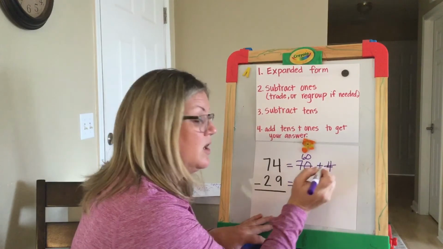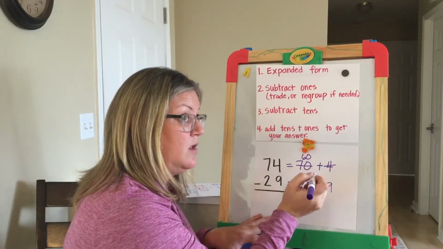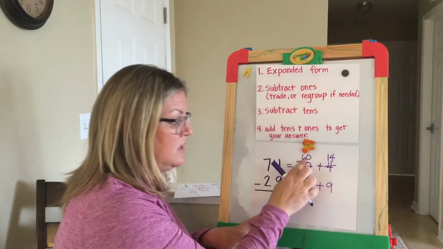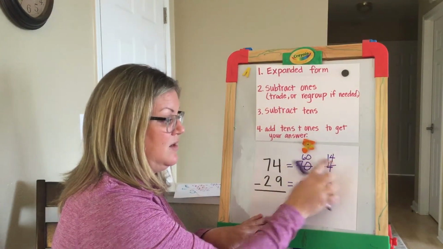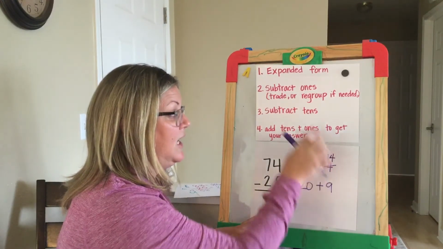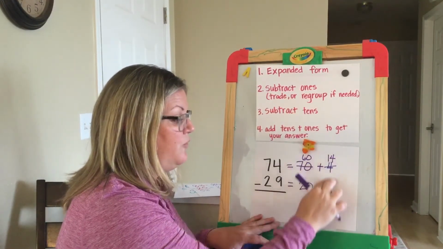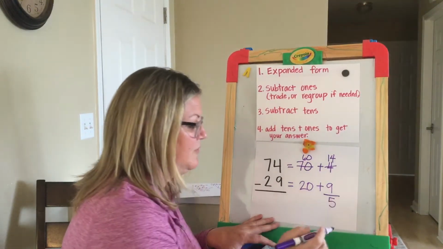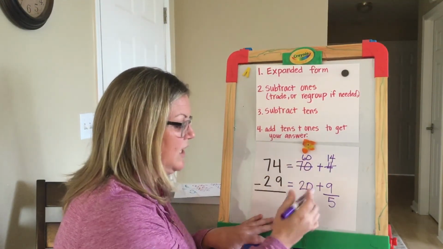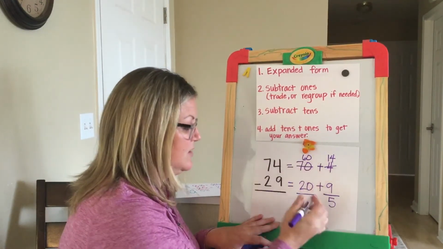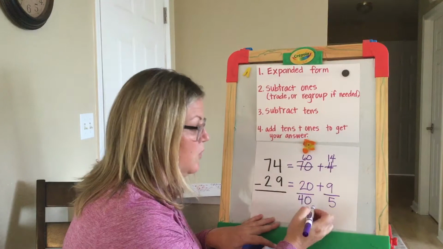Cross off that 4. 10 plus 4 is 14. Right? 60 and 14 is still 74. So now I can subtract my ones. 14 minus 9, oh yeah, that's the same as 5. 60 minus 20, well 6 minus 2 is 4, so 60 minus 20 must be 40, right?